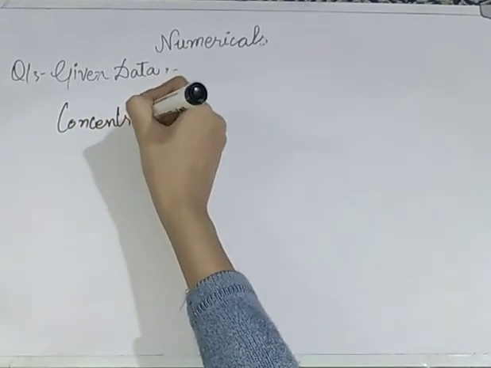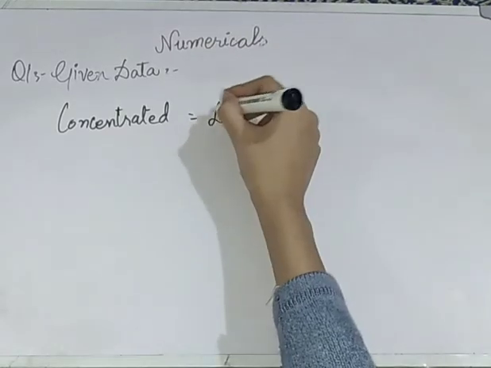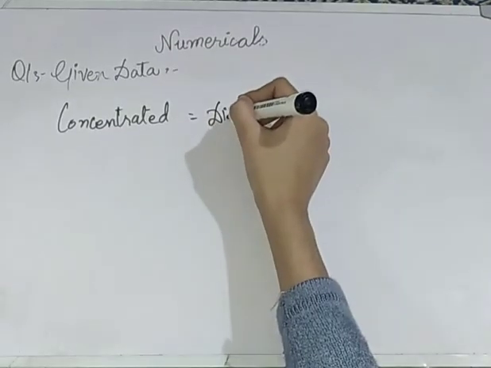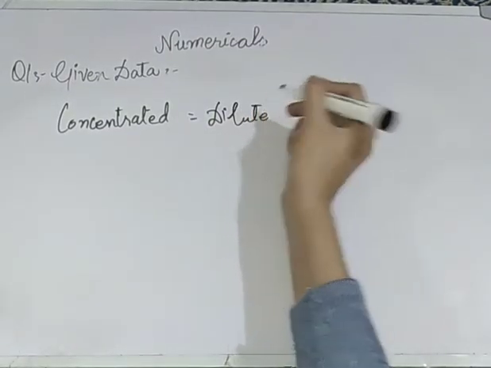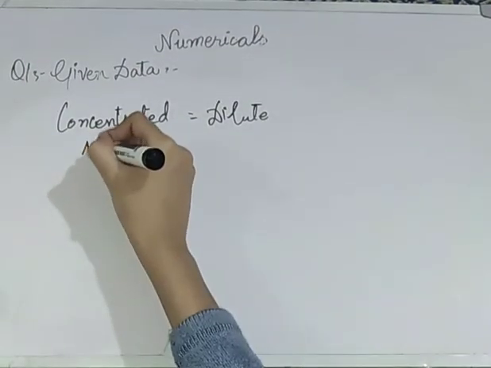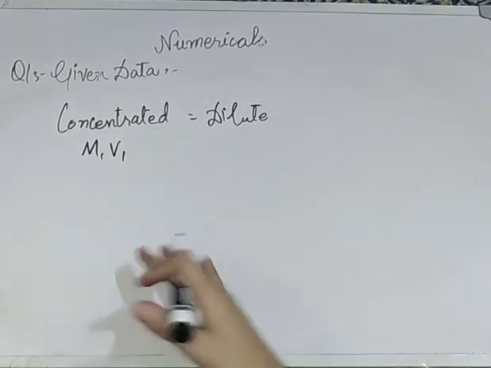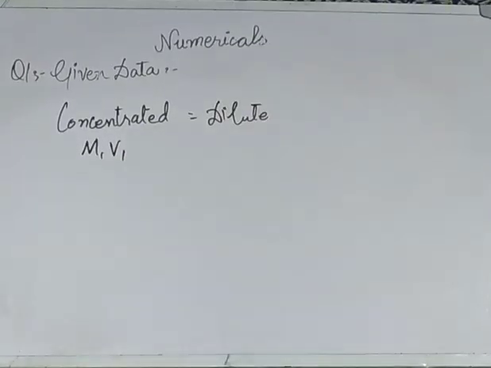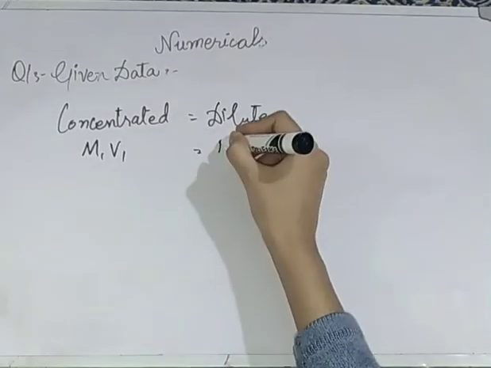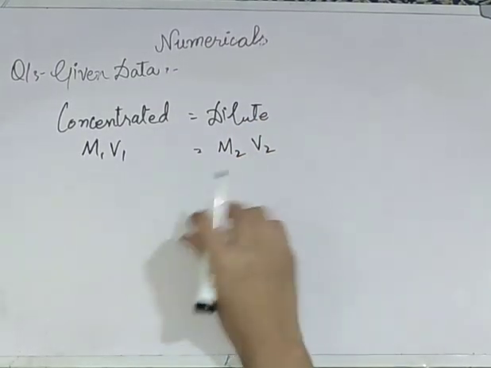Here concentrated solution equals dilute solution. We have concentrated solution M1 V1, which contains a large amount of solute in it, and dilute solutions are those which contain a small amount of solute in them.